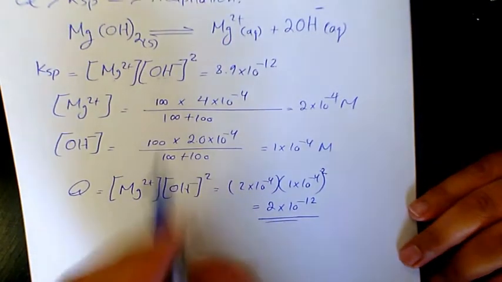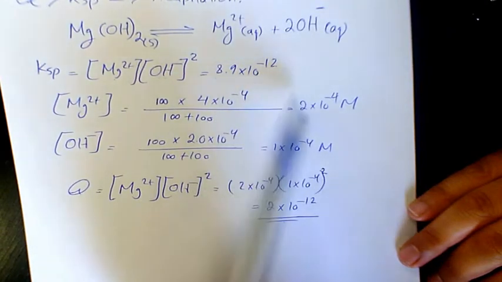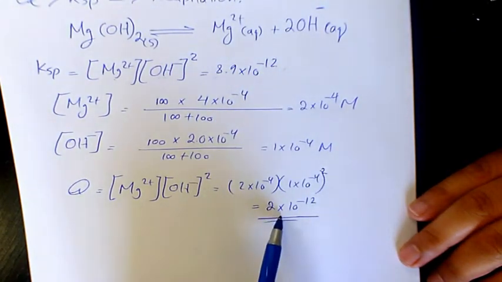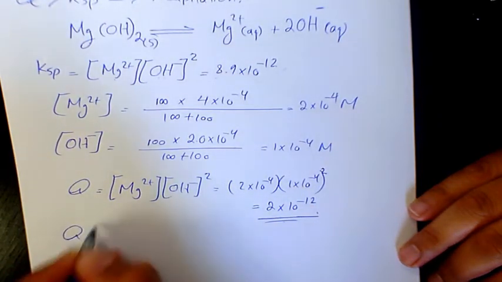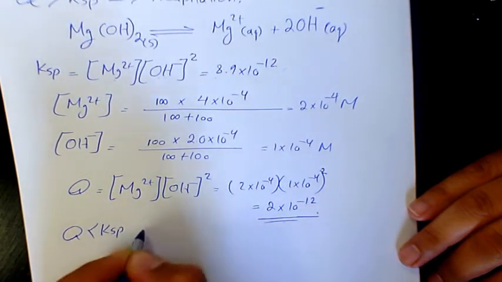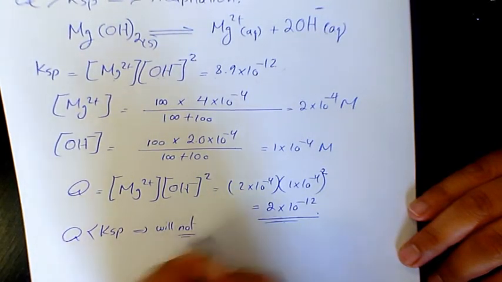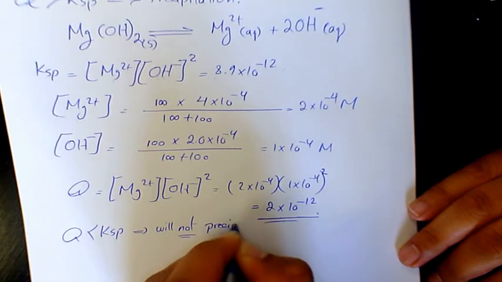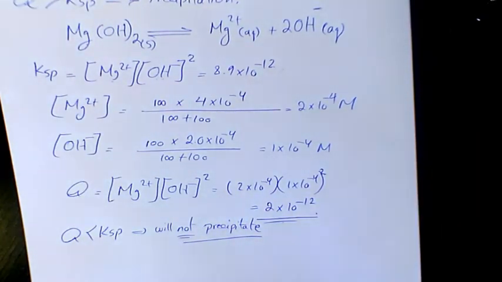Now if you compare it with Ksp, Ksp is 8.9 times 10 to the power of negative 12, and Q is 2 times 10 to the power of negative 12. So as you see here, Q is smaller than Ksp. So it means it will not precipitate. So no precipitate forms in this condition.